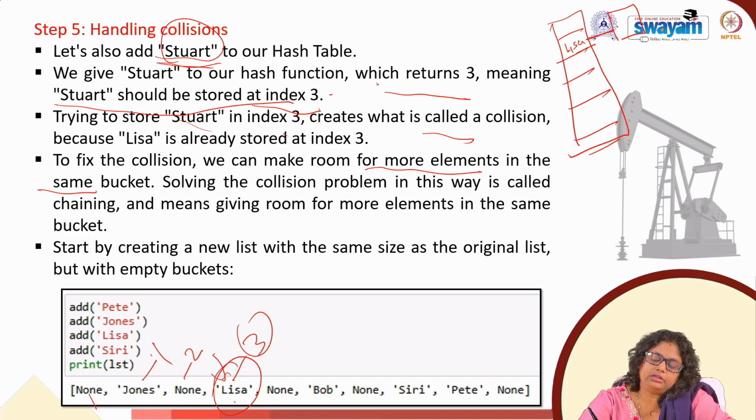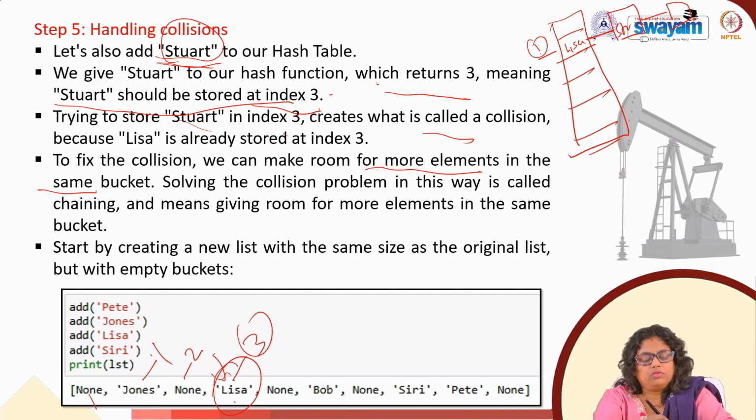Now one more, assume this is position one we are talking about. Again one more element will be coming, so it will go next, like that. So to fix the collision, we can make room for more elements in the same bucket. Here also, in the same bucket, one position we are making room. This is one way.